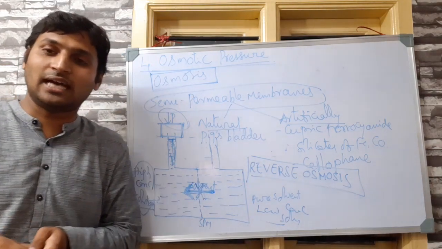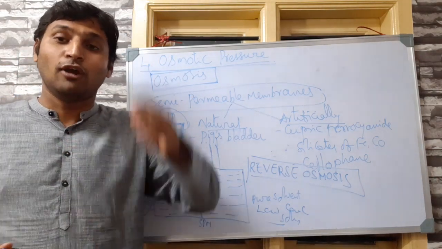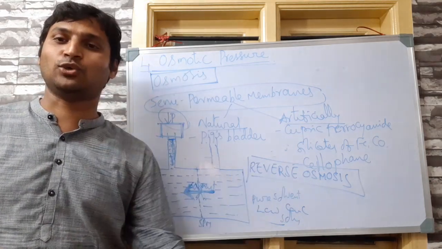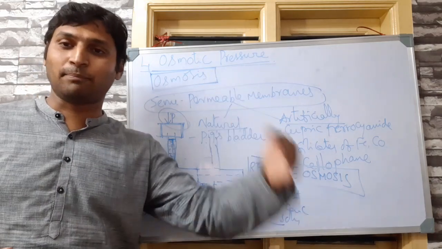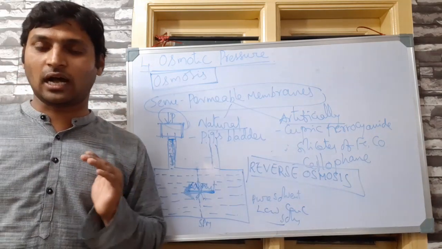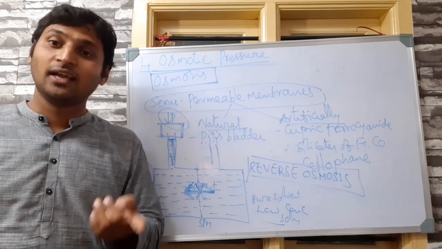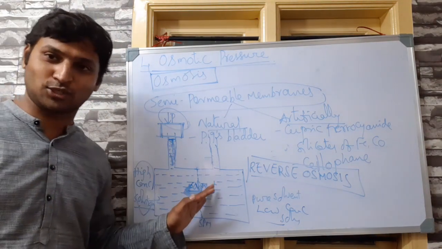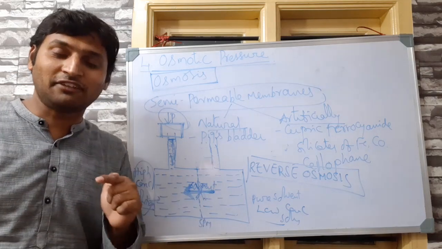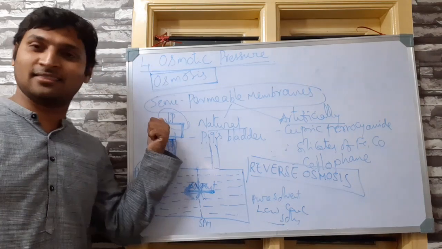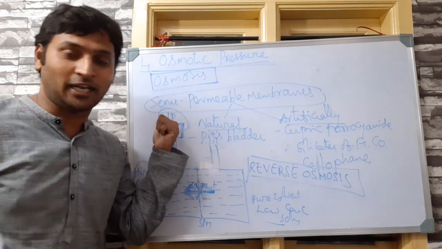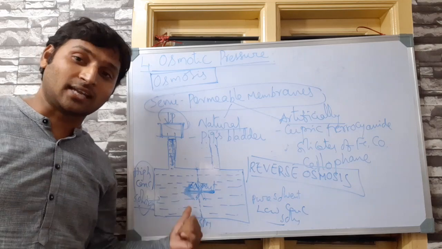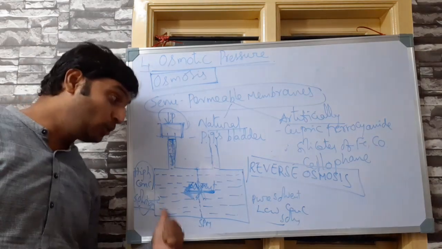Just now we established that osmosis is the phenomenon of flow of solvent from solution of lower concentration to the solution of higher concentration, or from pure solvent to solution, right? Now, I understood this much pressure can stop this process from happening. Now, what if I exert more pressure than this? More pressure than the osmotic pressure. What happens? The solvent starts flowing across the semi-permeable membrane from solution to the pure solvent.